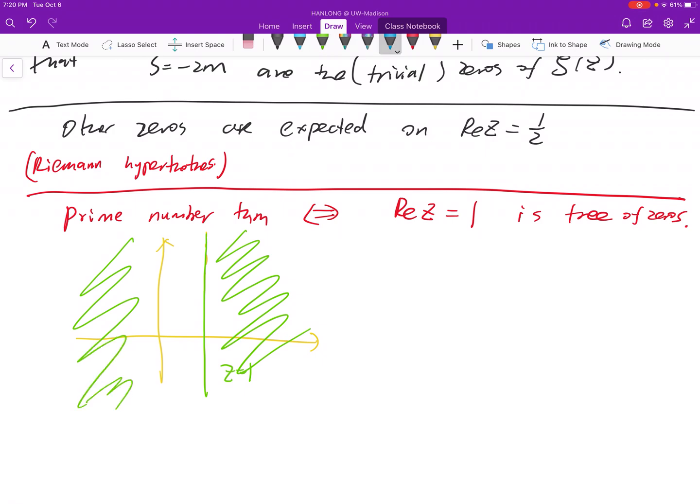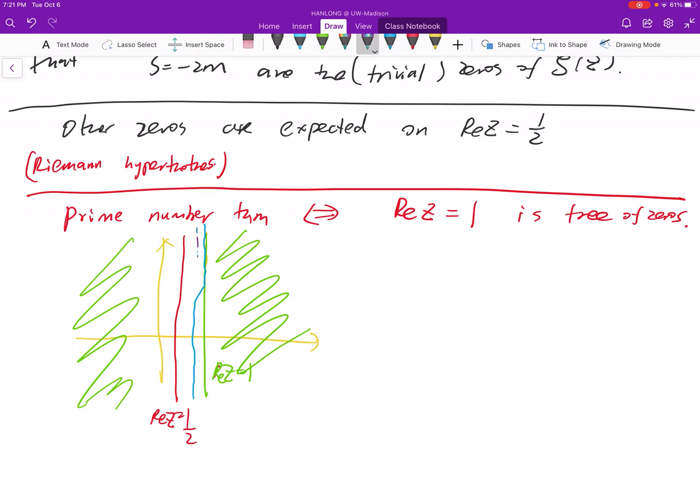Okay, and the ultimate goal is to prove, if we can, real part s equals 1/2 here, to prove they're all on the line, on the red line. But no matter how clever people are, nowadays, they can start with some small strip, but eventually it will close to the line 1. So it's not clear even today.